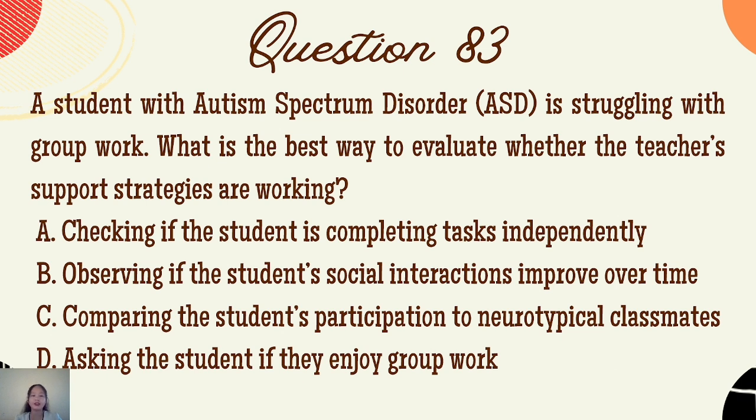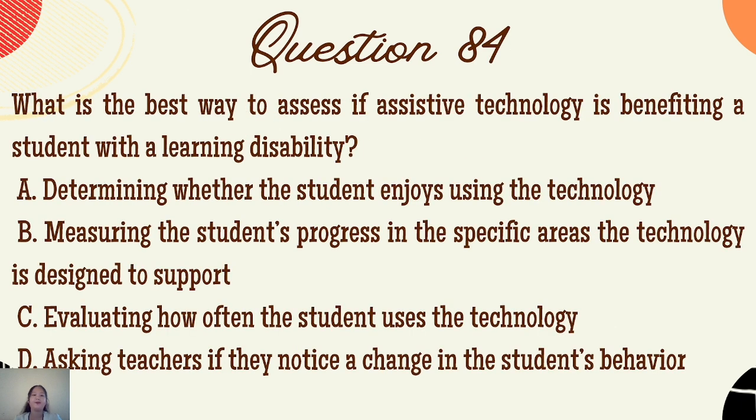Now let's proceed to question number 84. What is the best way to assess if assistive technology is benefiting a student with a learning disability? Well, the correct answer is letter B. Measuring the student's progress in the specific areas the technology is designed to support.